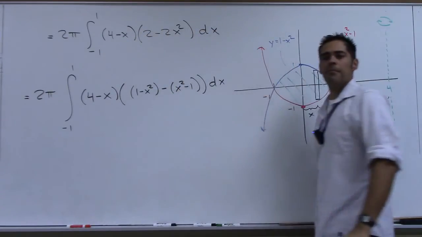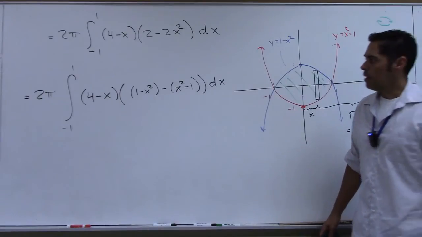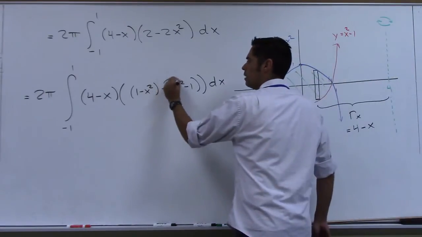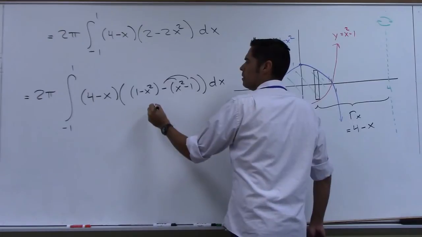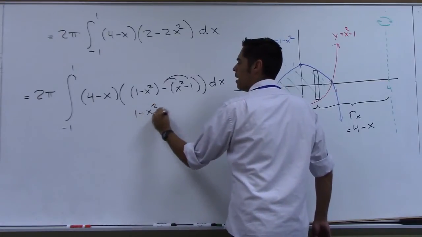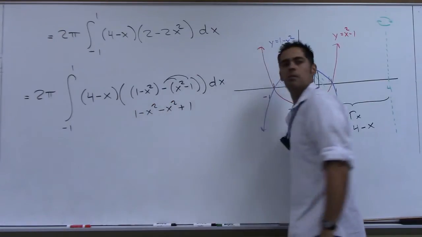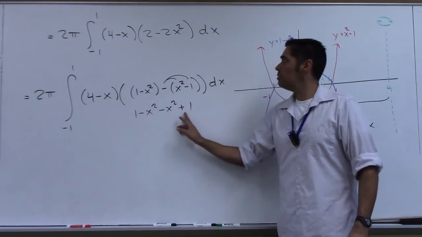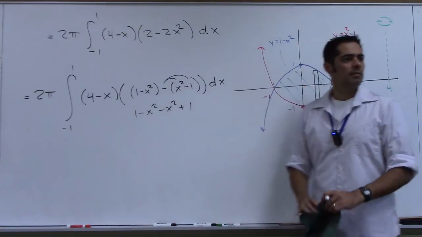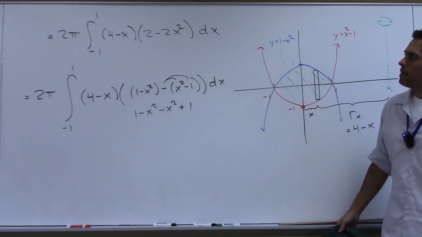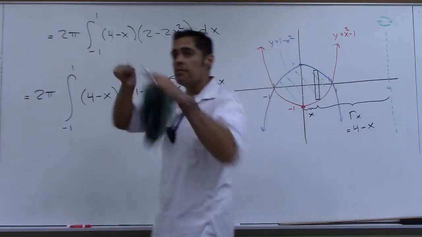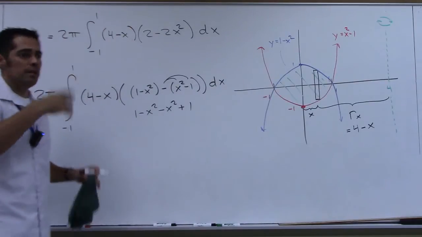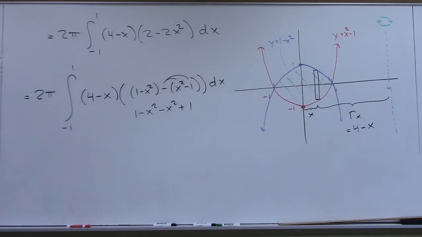Is that right? No? This becomes 1 minus x squared plus 1. 1 plus 1, right? So 2 and then -2x squared. And then we would just multiply these out, right? Just FOIL them out. And then you'd have a polynomial, and you integrate term by term, and you're there. Okay? Seem easy enough?